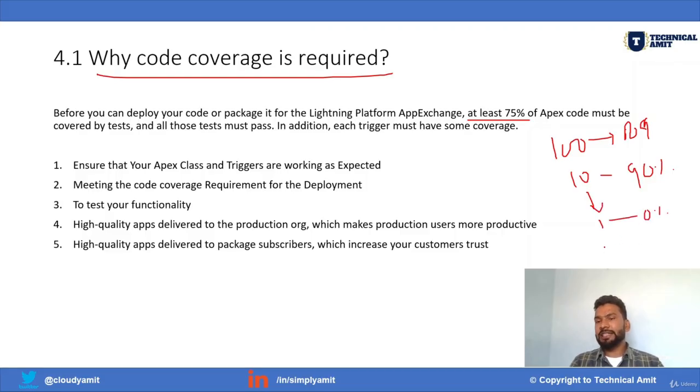So in this case, when you try to deploy your Apex trigger, this trigger will fail because this particular trigger requires minimum 1% of code coverage.